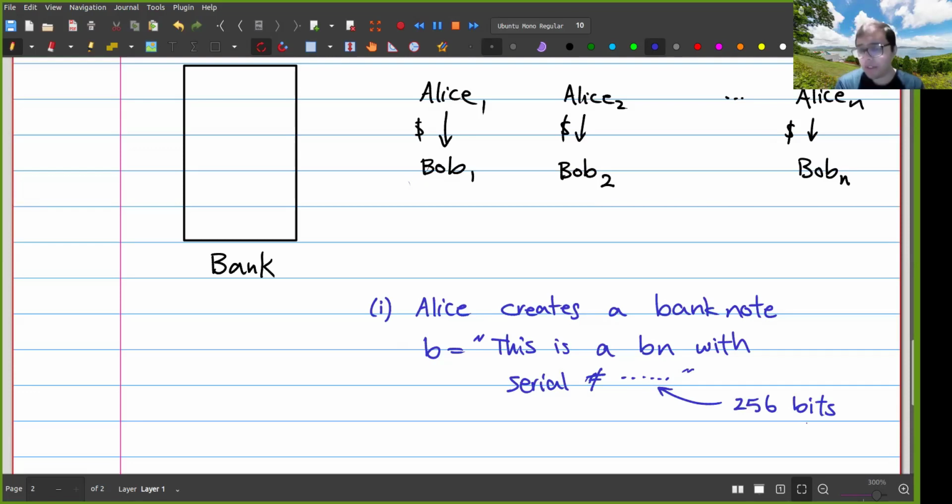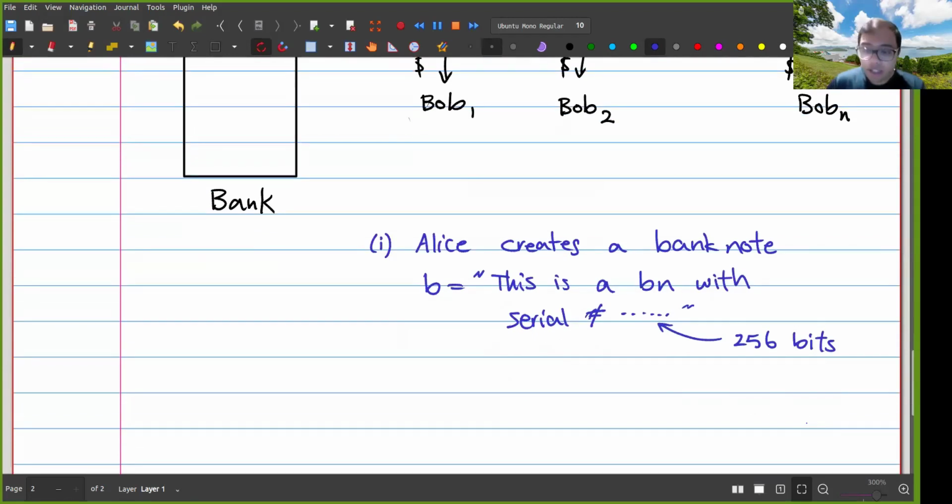And this serial number is really long, so it's unlikely that two people choose the same serial number. And if you want to make it even more unlikely, you can just choose the serial number to be longer, so I don't know, 1024 bits. It doesn't really matter that much because even 256 gives us so many possibilities that in the real world, you will not have clashes of serial numbers.